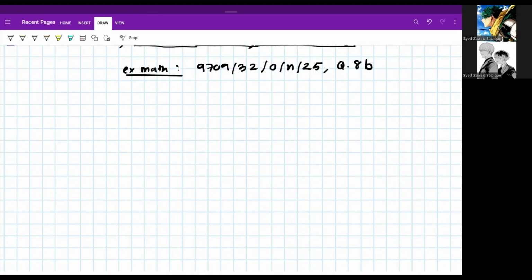So in 8A, it's already given that sine 4x is equals to 4 sine x into 2 cos cube x minus cos x.